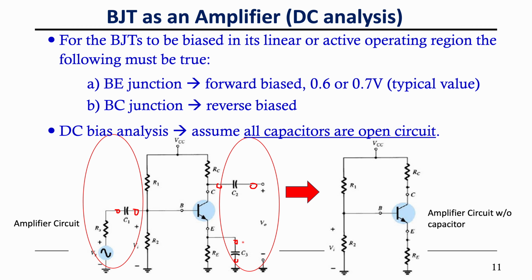Therefore your circuit can be simplified as such. For the DC bias analysis it is very easy, you don't have to consider all these capacitors. We will discuss them in detail for the AC analysis later.